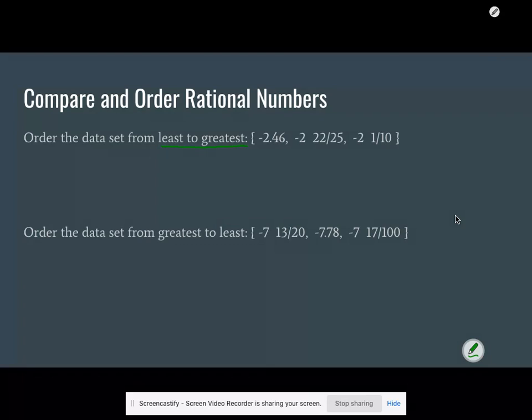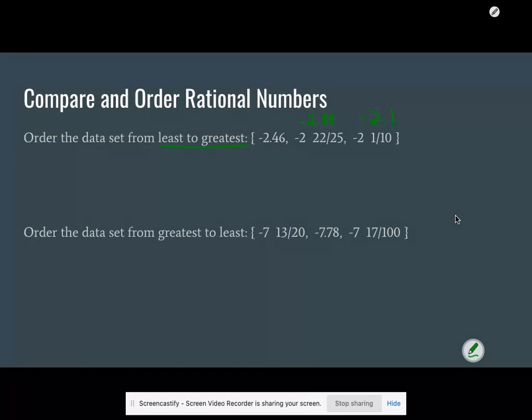So I'm trying to find the most negative number. I'm going to change my fractions and make sure I have them as decimals because that's going to be the easiest for me to recognize. So 22/25 here, this is really negative 2.88. And negative 2 1/10, well, that's negative 2.1.